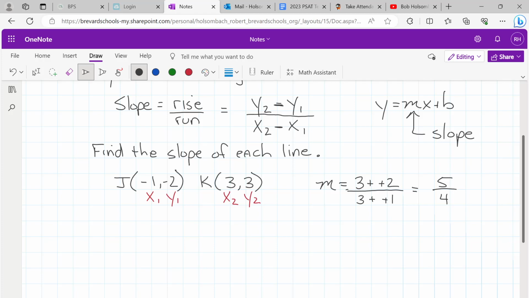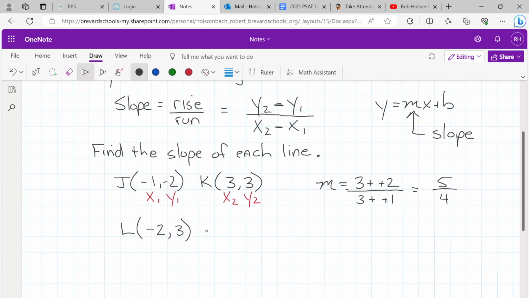All right, let's look at example B on the top of page 189. We're going to take point L, and we're going to find its coordinates. It looks like the x is at negative 2, and the y is at 3.